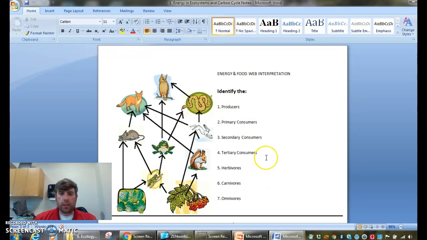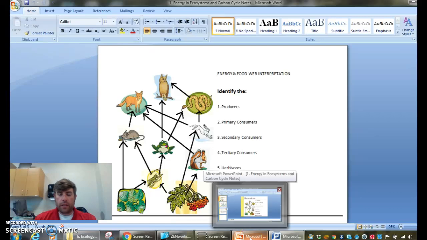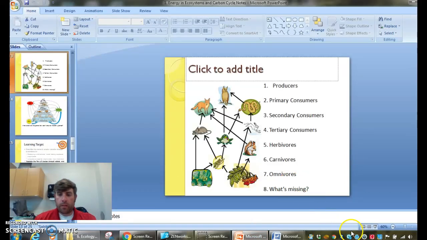Which of these organisms are producers, primary consumers, secondary consumers, tertiary consumers? Which ones are herbivores? Herbivores are things that eat only producers. Carnivores eat only meat. And then find those omnivores, the things that are kind of in two different worlds, where they're eating both producers and other meat. Okay? So please take time to do that.